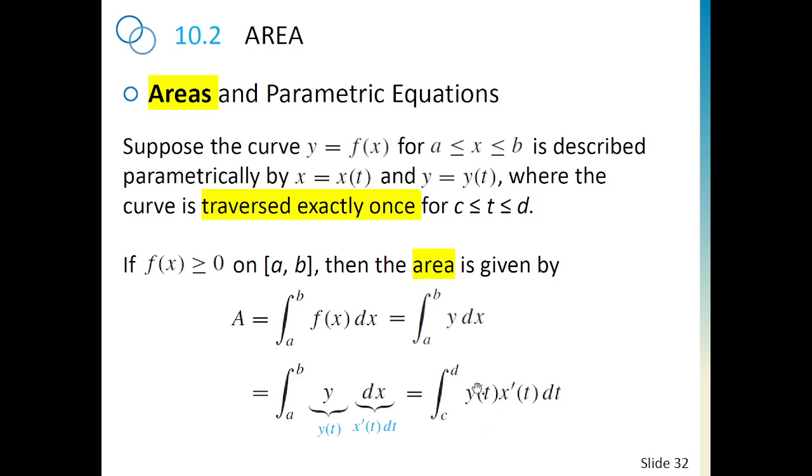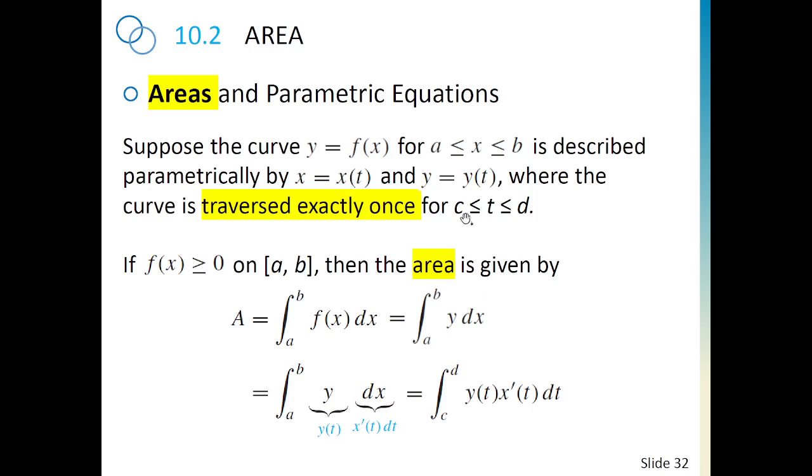So y, we take the expression of y, and dx is the derivative of x with respect to time, and then we integrate with respect to time, so that's why we need the time interval. So it's quite simple as a principle. Now again, the complexity of the computation will depend on the complexity of the expression that we have here. But the area in itself, the formula is straightforward.